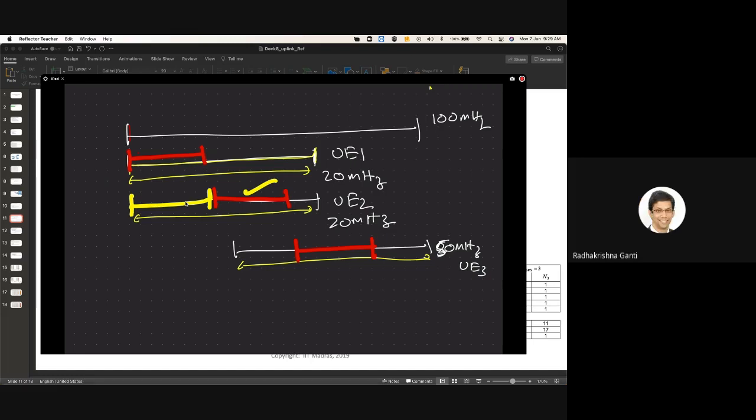In general, a base station has a lot of UEs. It's not one or two. You can think of hundreds of UEs to choose from. So even if there are two UEs like this, it can find a UE3 which is overlapping with this, and it can nicely transmit that. There are some theoretical results which show that as the number of UEs becomes larger and larger, the scheduling becomes easier for the base station.